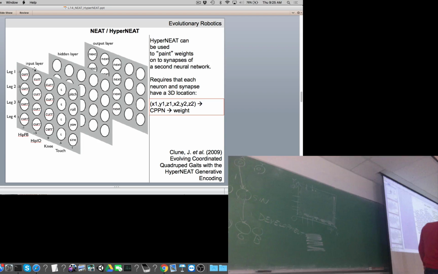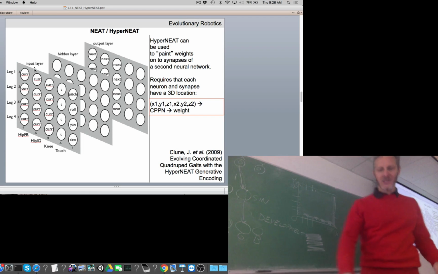Okay, let's start with the rows here. We can see that each row in this neural network corresponds to one of the 4 legs in the quadruped. Let's go to the output layer for a moment. You can see that each leg has 3 motor neurons.